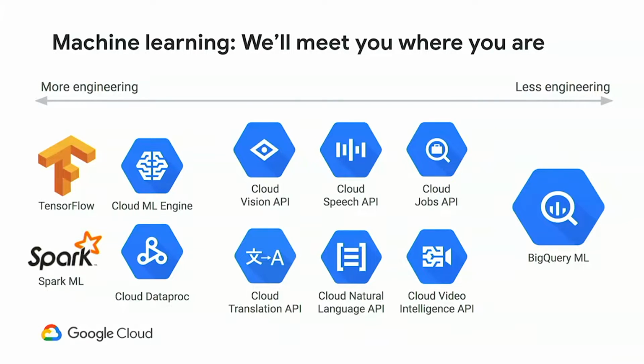Over on your left are the ones that require more engineering, so things like TensorFlow or being able to leverage Spark ML, Cloud CMLE. In the middle are some of the predefined models that we have available. So for example, our natural language API, our video intelligence API, and also our translation API.